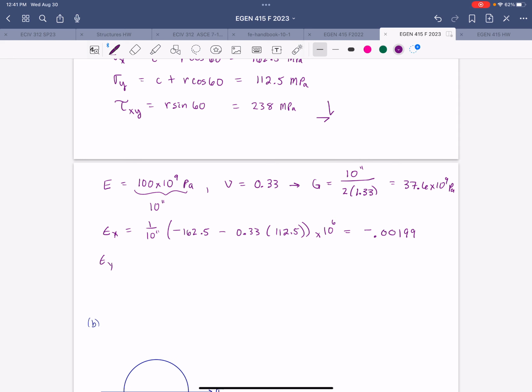And then similarly for normal strain in Y, same equation, we just swap the normal stress values. And that gives us a positive strain of 0.00166.